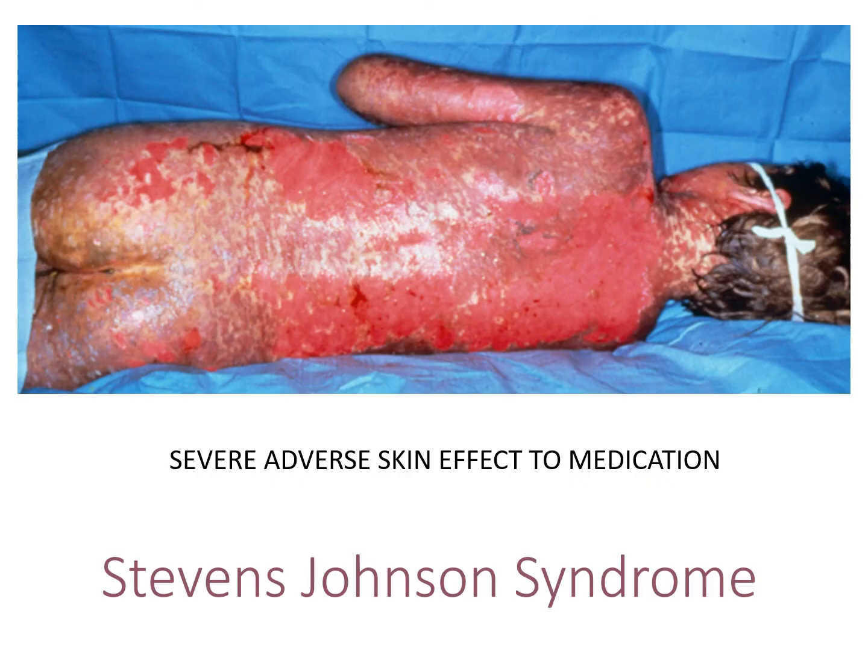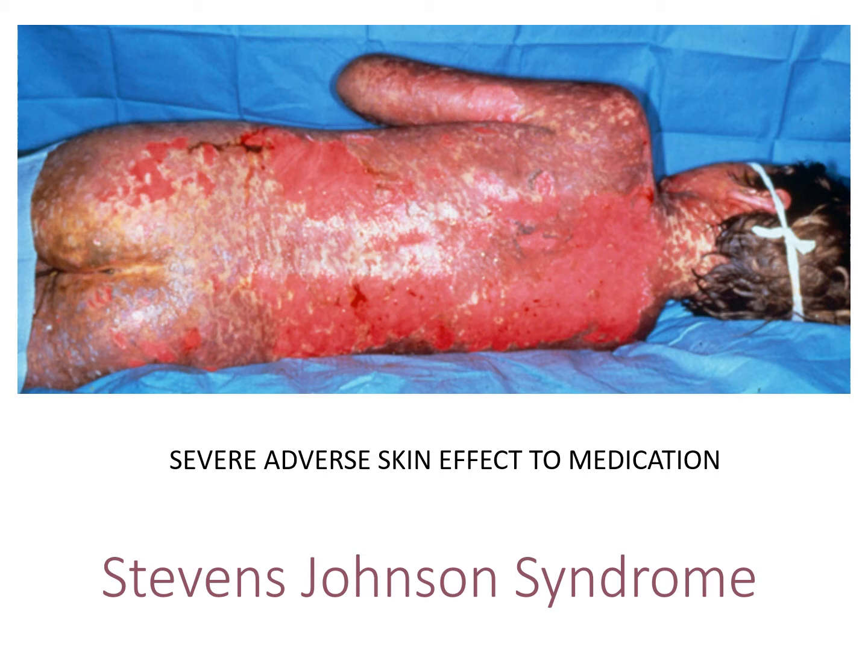So here is a severe adverse skin reaction to medication called Stevens-Johnson syndrome. And you're going to hear this term a lot. It's a very uncommon skin adverse effect, but it's severe, right? And we don't really know the underlying cause. We think it's partly the immune system.